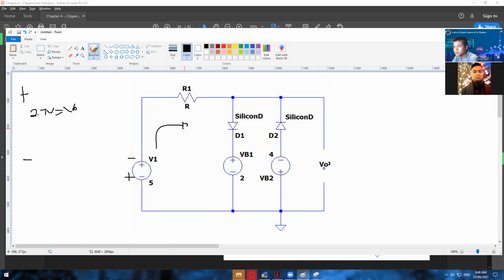So we still have this flow of current, negative to positive. This will make this one a reverse bias connection. Then it will go in here and pass through this silicon diode. So negative is connected to negative and positive connected to the positive. So we now have a forward bias connection here. Again, as a result, our reading of VO during the negative half cycle will be on this path. So we have negative 4 plus negative 0.7.